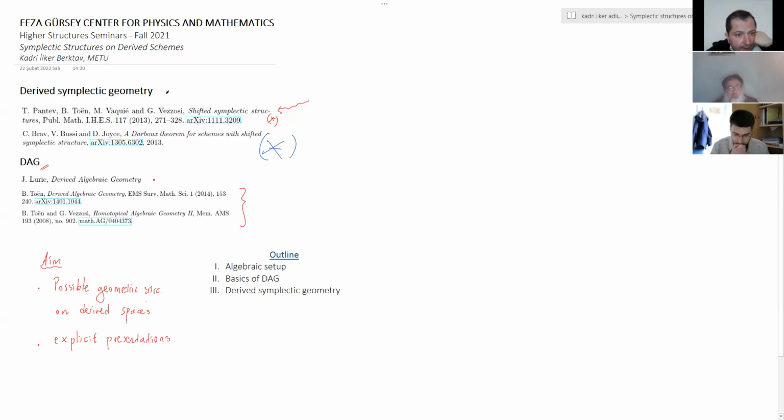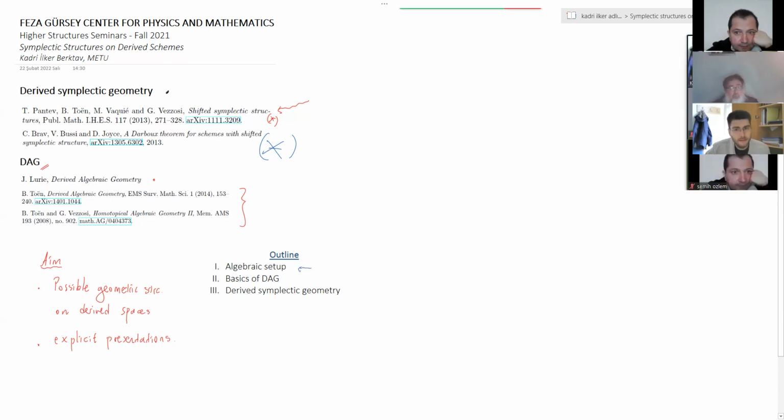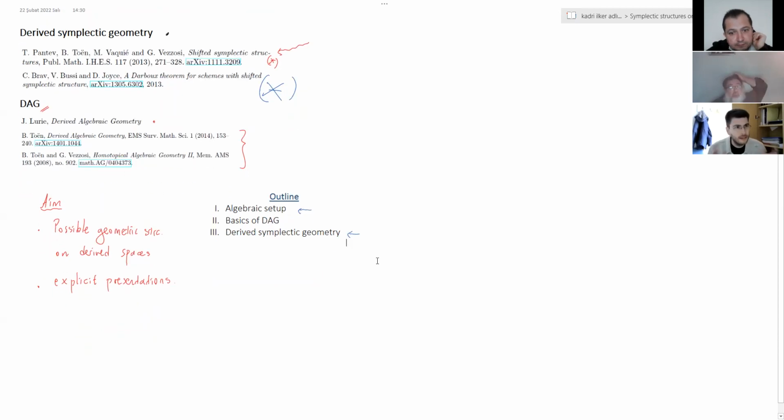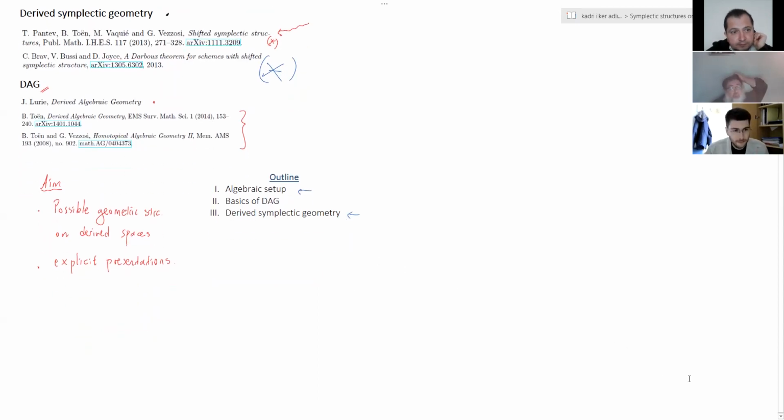As you see in the outline, we will first discuss our main algebraic setup, then I will revisit basic aspects of derived algebraic geometry, and then we will see derived symplectic geometry. This is more or less a motivation.